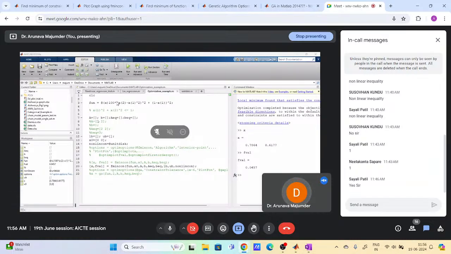Capital A is a blank matrix, capital B is a blank matrix, AEQ is a blank matrix, BEQ is a blank matrix. If you use a blank matrix, MATLAB automatically understands that no constraint is given.